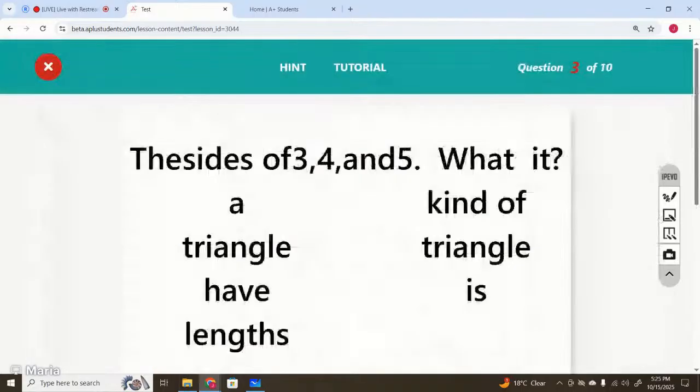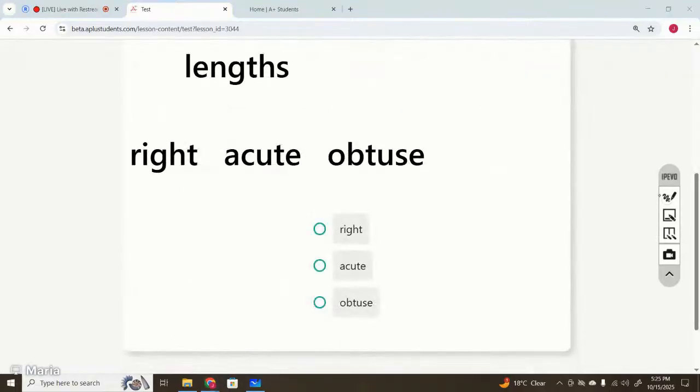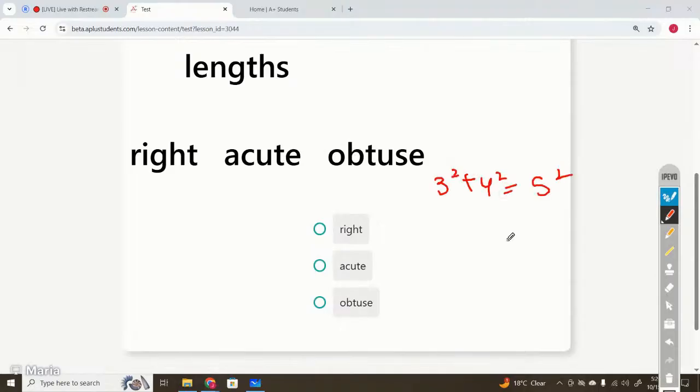Okay. The sides are 3, 4, and 5. What kind of triangle is it? 3 squared plus 4 squared equals 5 squared. 9 plus 16 equals 25.